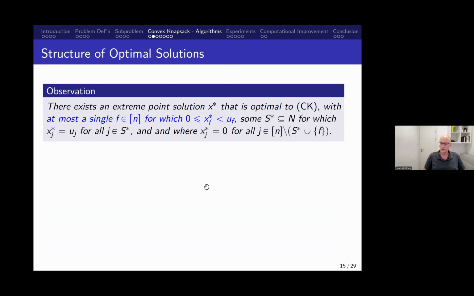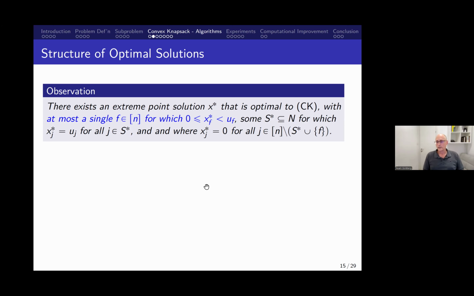Now we consider a solution method for this problem. The solution methods, both our own and others for convex knapsack, often rely on this key property, stated here as an observation.